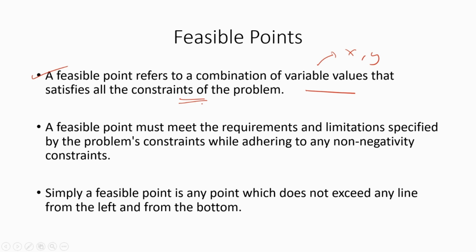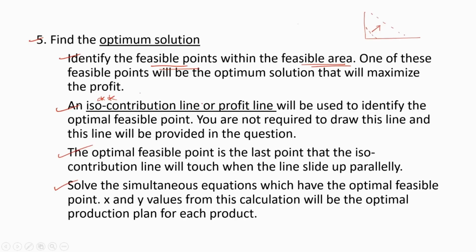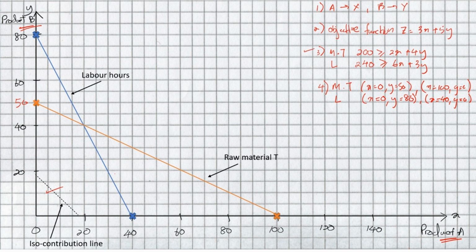Because for every constraint we have a function. Let's go back. These are the functions for each constraint. So when we assign the x and y values of feasible points, these constraints will be satisfied. If we assign the x and y values of non-feasible points, these constraints will not be satisfied.